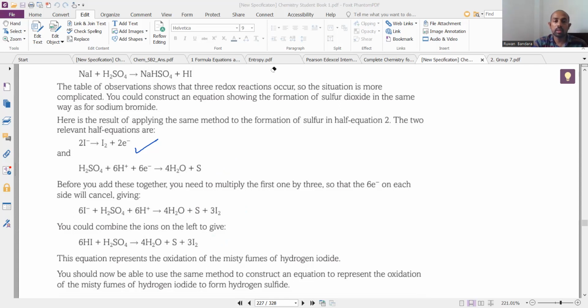This equation changes. We have to replace this by the last equation, that means where it forms the hydrogen sulfide.